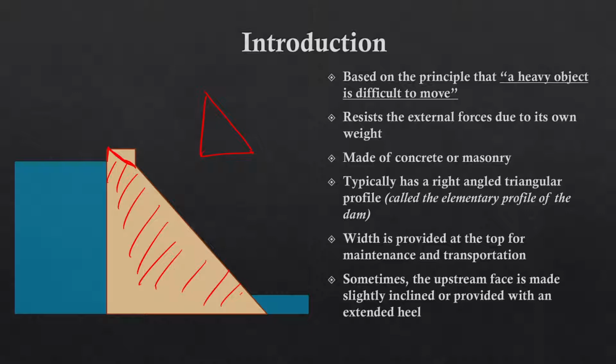And this point, this bottom upstream corner is called the heel of the dam, and this corner, the downstream corner, is called the toe of the dam. So it's basically like our feet, where this is heel and this is toe.